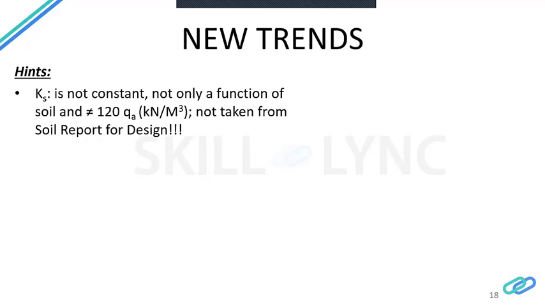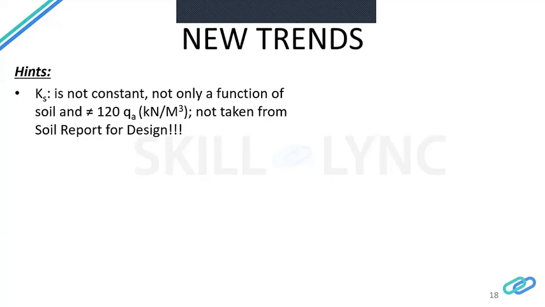They will assume a required soil bearing capacity taken from the structural designers, and they don't consider the actual shape of the foundation, the actual load distributions, the actual column spans, which makes the KS, or the modulus of subgrade reaction, or the area spring provided in the soil report, not relevant to be used in the structural design.